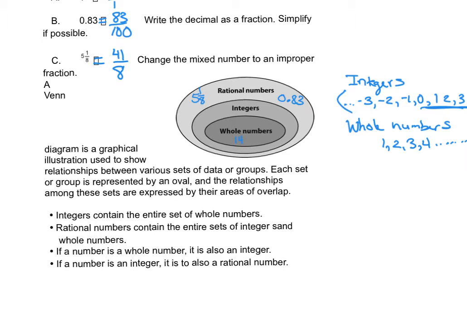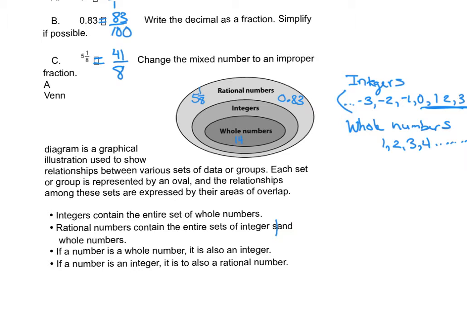Make sense? The next one says rational numbers contain the entire set of integers and whole numbers. So all whole numbers are rational. All integers are rational. The next one says if a number is a whole number, it is also an integer. And if a number is an integer, it is also rational. So all those statements are true based on our Venn diagram.